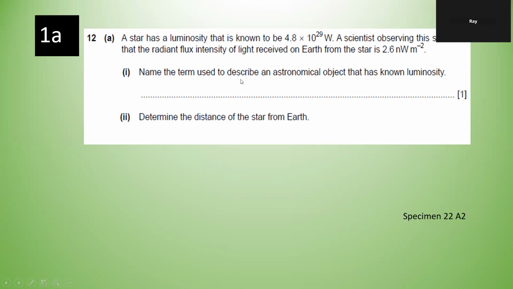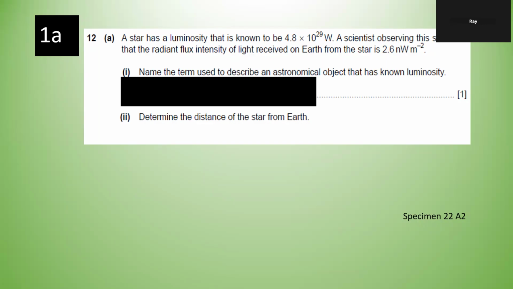Name the term used to describe an astronomical object that has a known luminosity. What is the term used? Standard candle.